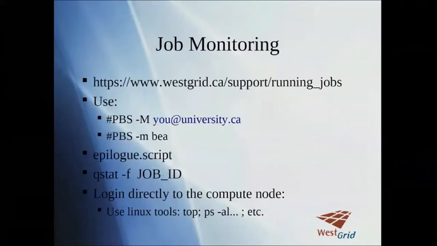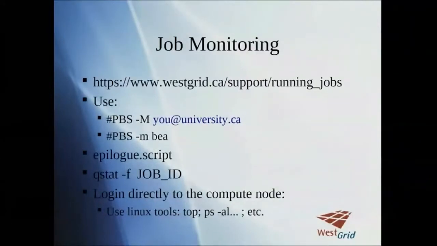Or you can also do qstat -f and your job ID. It will print whether the job is running. It will give you the information on which nodes it's running, how much memory it's using, how much wall time is already used, how much wall time has been left, etc. And of course, you can also log in directly to the compute node.